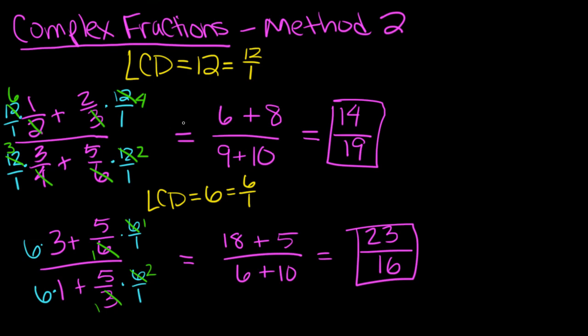So, for example, if I chose that the LCD was 6 instead of 12, I would have ended up still with a fraction somewhere in here, and that would have been a key that I chose the wrong LCD. So keep those things in mind, and this method is actually really easy and really fast, and it's not very intimidating. Okay, that is method 2 of simplifying complex fractions.